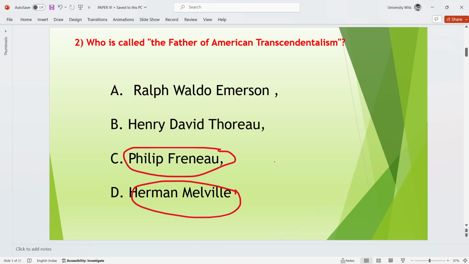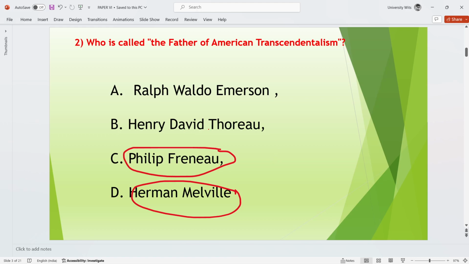If you read about transcendentalist writers and poets, you can understand there are some factors, and Freneau is not connected with the transcendentalist movement.